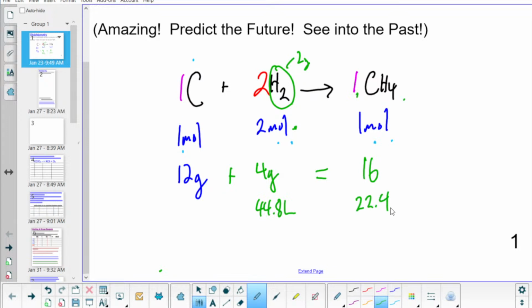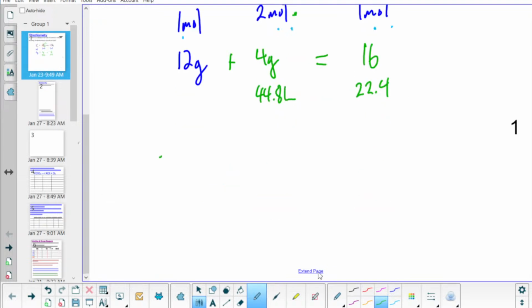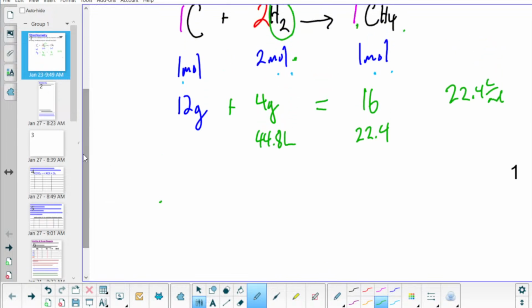And that is something you can do. You could go and you could get 12 grams of carbon. You could get 44.8 liters of hydrogen. Once you run that over, the carbon will disappear and it will convert to a smaller volume of gas. There's 22.4 liters in a mole, and there's only 1 mole of that one.